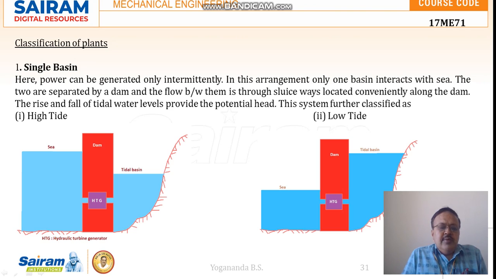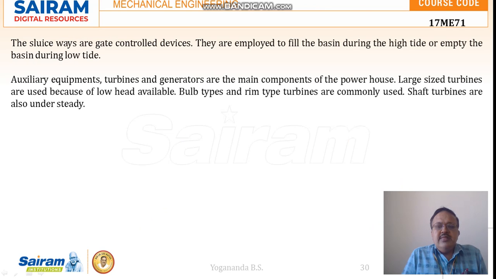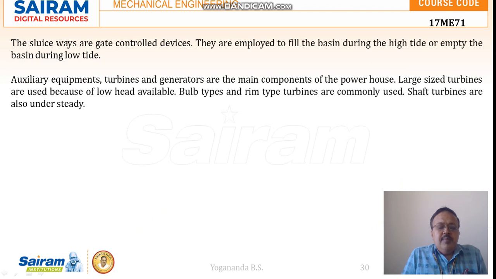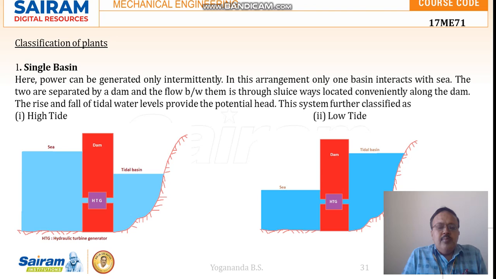When high tides occur, water from the sea fills the tidal basin, and during the low tide the basin is emptied. Auxiliary equipment, turbines and generators are the main components of the powerhouse. Here we have the hydraulic turbine generator.